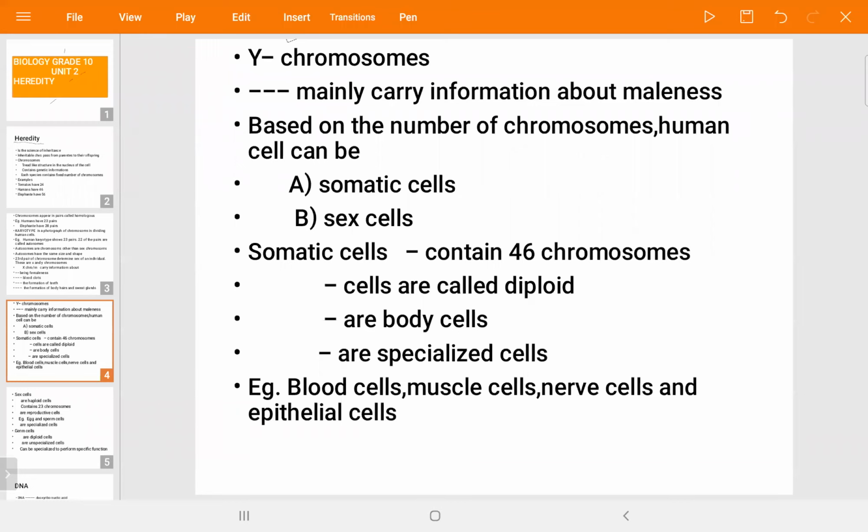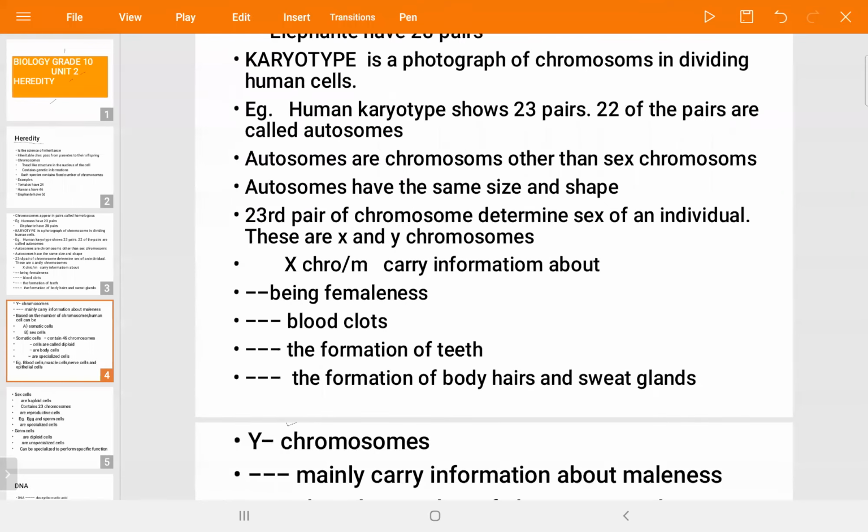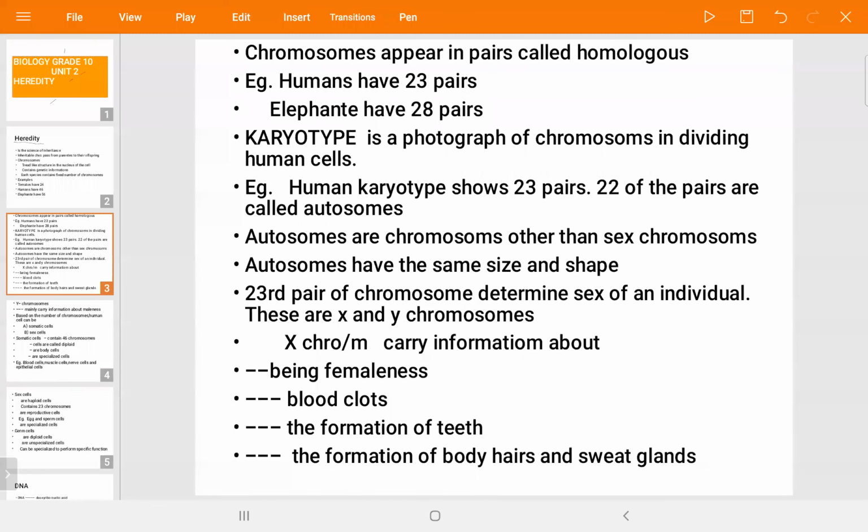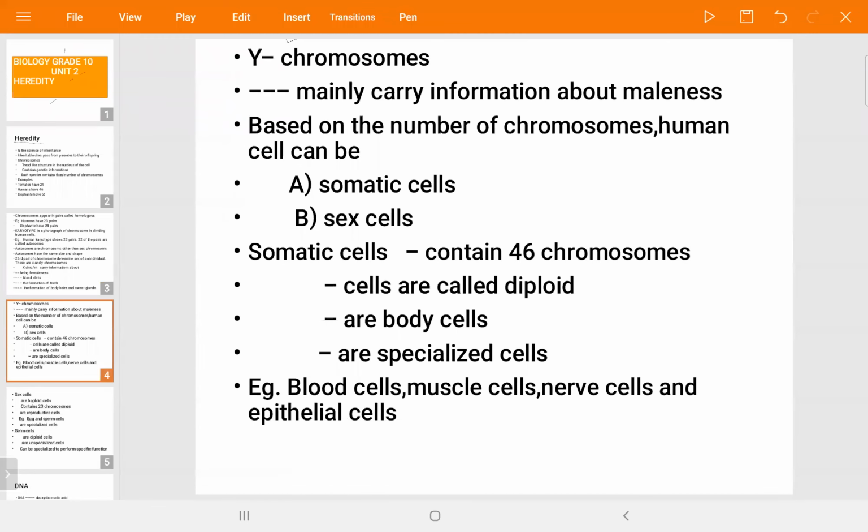What about epithelial cells of the alveoli, found in the lung? They are modified for gas exchange. We have different special types of epithelial cells. Good. Now, all these are somatic cells which contain 46 chromosomes.